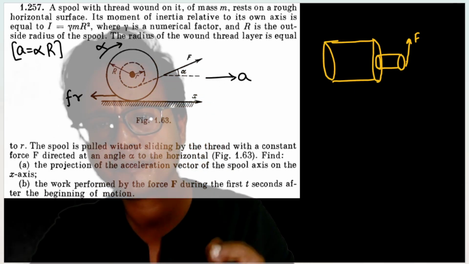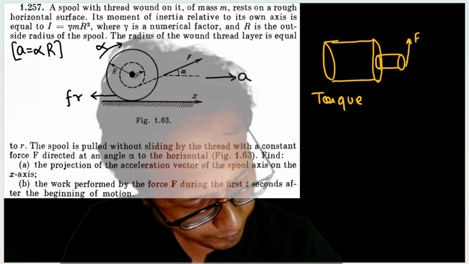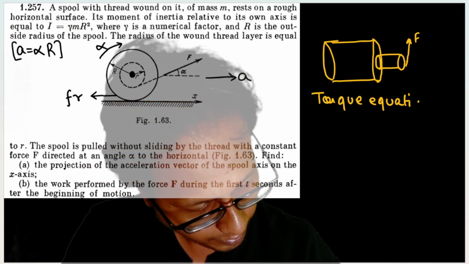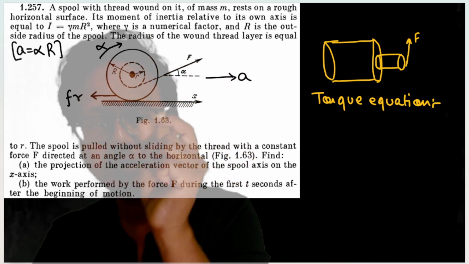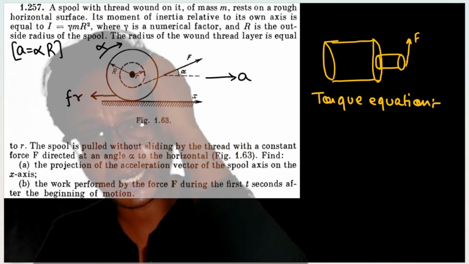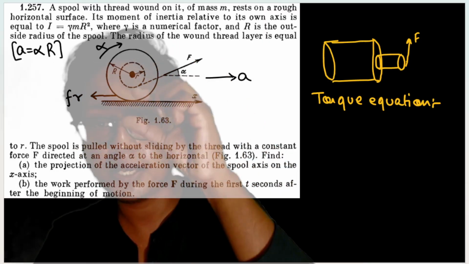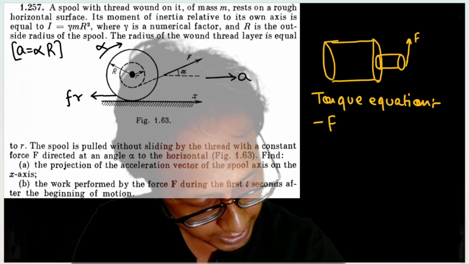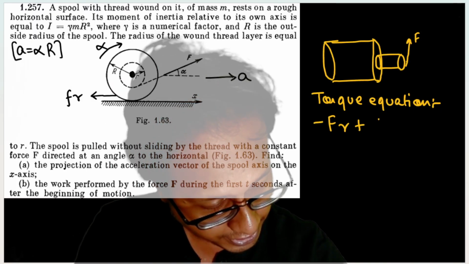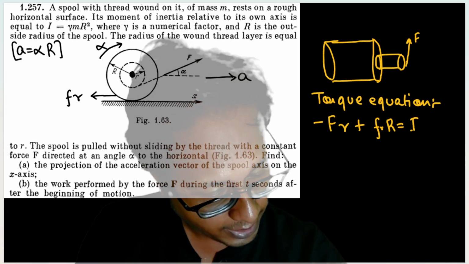Now let me apply the equation. First, the torque equation. If this force is acting in anti-clockwise direction, then minus F into small r, plus friction into capital R, is equal to I into alpha.